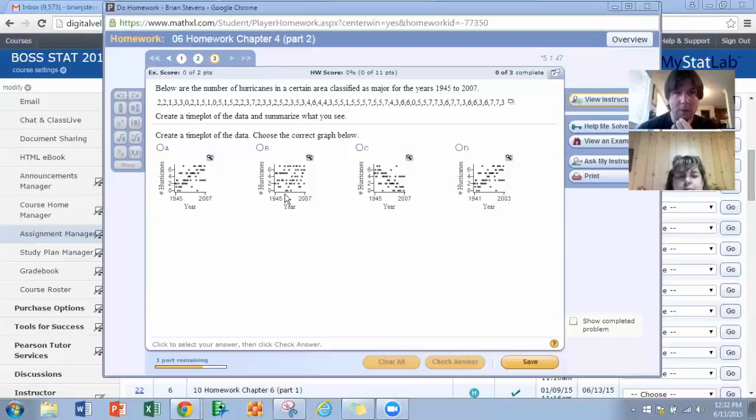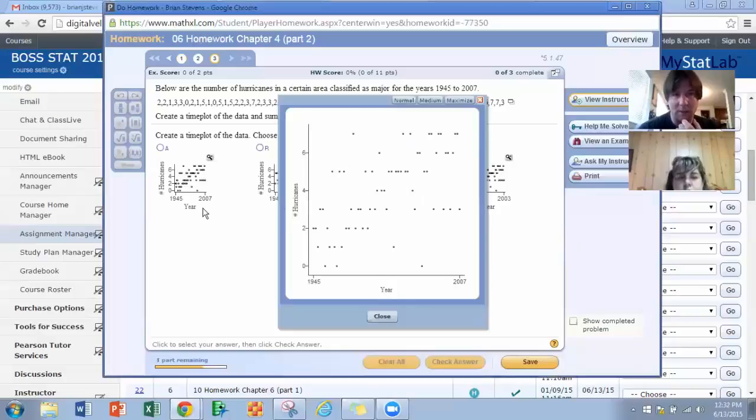Now that you've identified the right one, which is this one over here, which has the same scatter of points with the right scale, I like to look at the points themselves. If you notice, it starts out 2, 2, 1, 3, 3. If you read the points here, you'll see 2, 2, 1, 3, and then the next one is 3. It's hard to tell where they go.